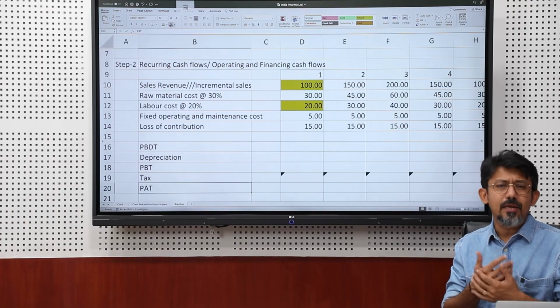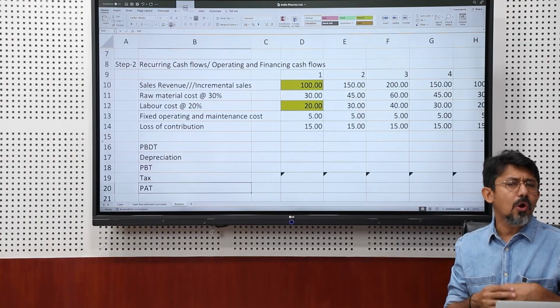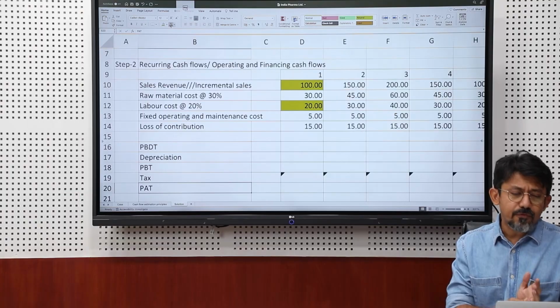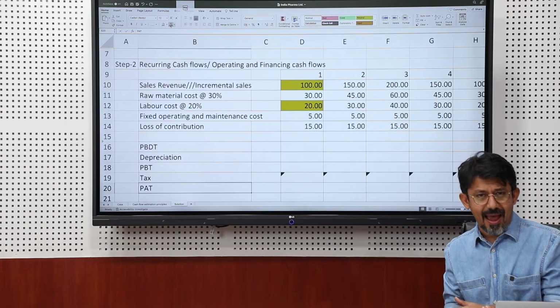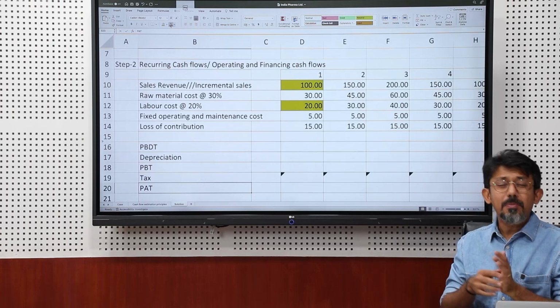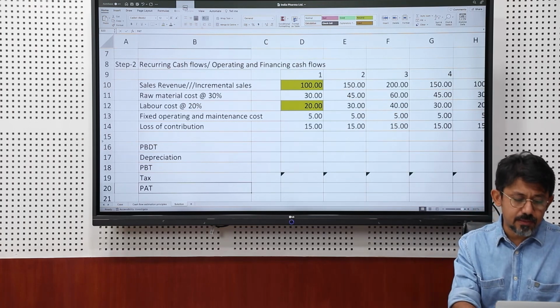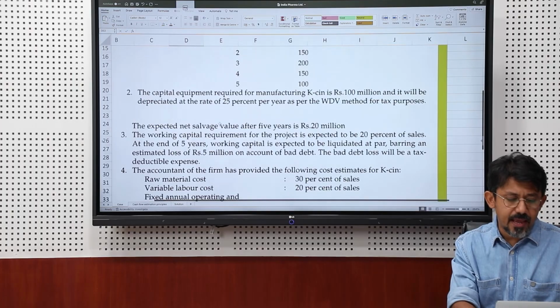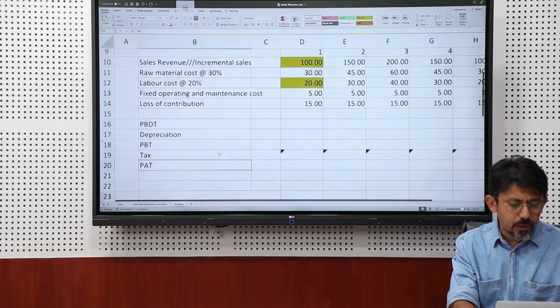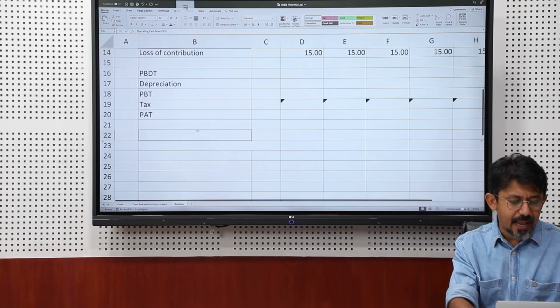Now, this will entail looking at depreciation, this will also entail looking at working capital, right. Let me first look at depreciation. That seems to be the point that I read, 25% WDV. So, here is a small working note on depreciation calculation.